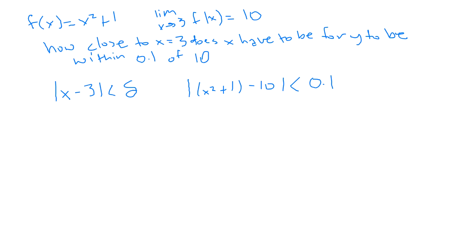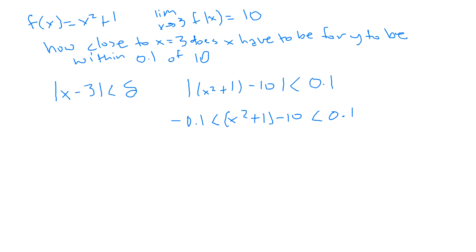So let's see what we can do with this knowledge in order to find our delta. Let's get rid of this absolute value. So we can say that negative 0.1 is less than x squared plus 1 minus 10, which is less than 0.1.